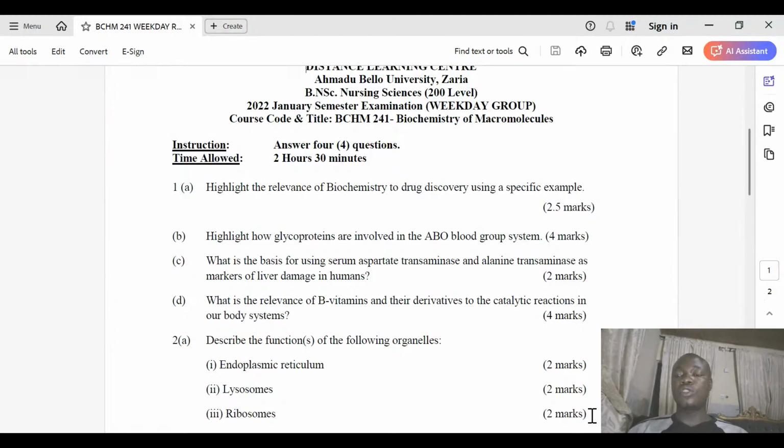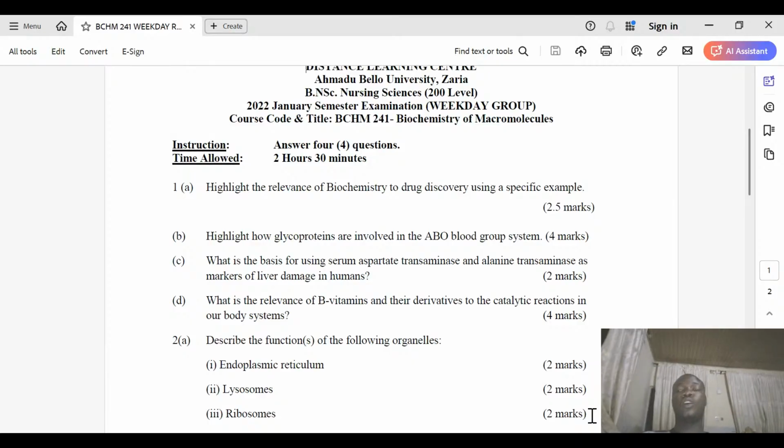I also wrote it in the comment section. So we have apoenzymes, which are inactive, and holoenzymes, which are active enzymes, and these apoenzymes require coenzymes and cofactors, and most of the coenzymes are the B vitamins. That is why the enzymes require these B vitamins for the catalytic reactions to take place in our body.